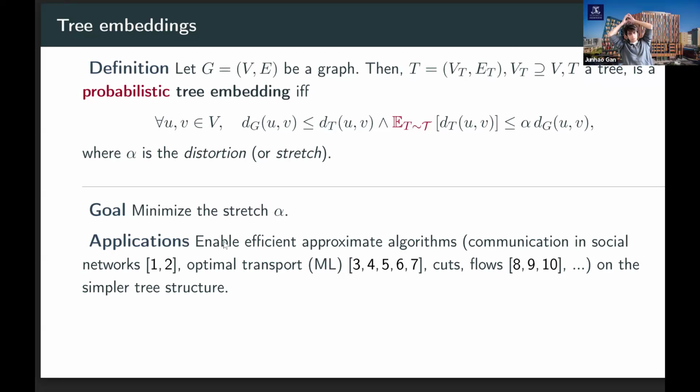Hey Tim, can I ask a question? Does this tree need to be a subgraph of the graph, or can you create some new edge that does not exist in the graph? It's a good question. I wanted to highlight this actually to compare it to low stretch spanning trees, where you have to be a subgraph.